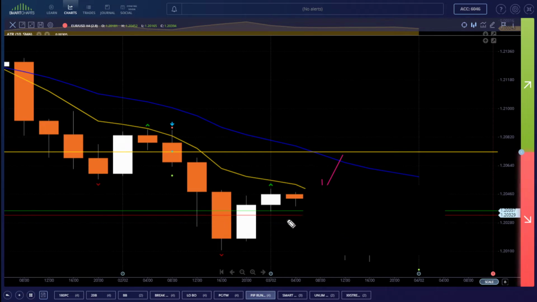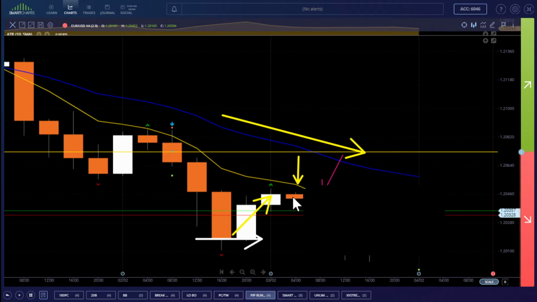What I quite like about this, and find quite interesting, is we had a low formed, then price was bullish for the end of the previous day. This is the lower wick of the previous day. Then we've got a little inside candle.